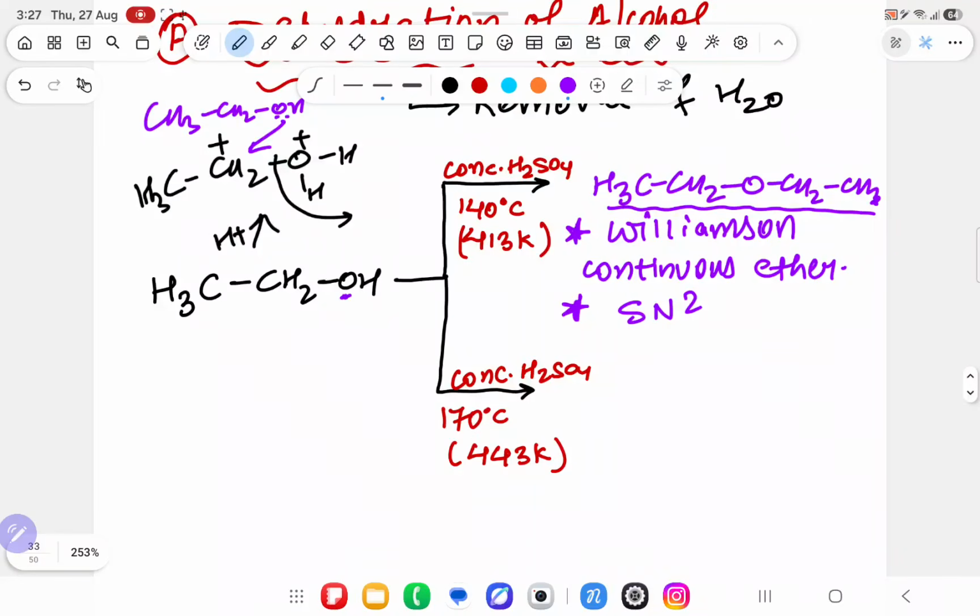Now, second, if you increase the temperature, it will form alkene, CH double bond CH2.